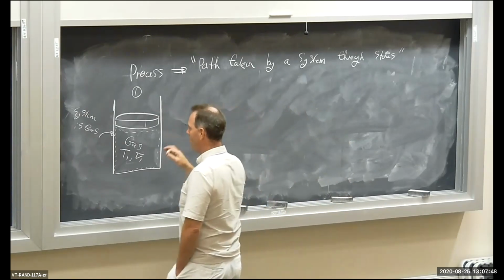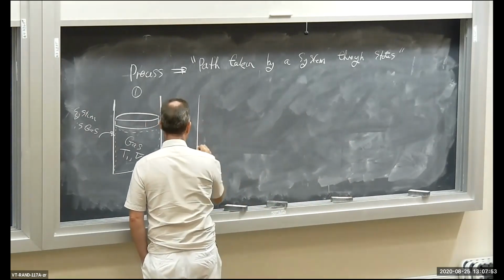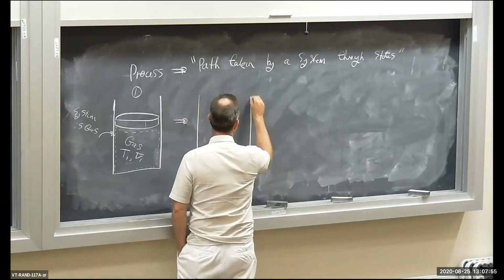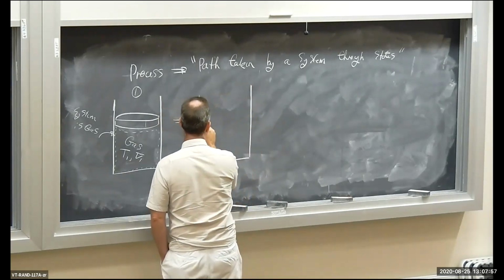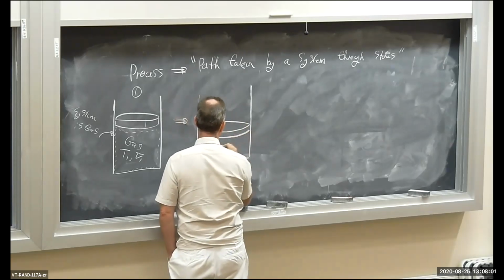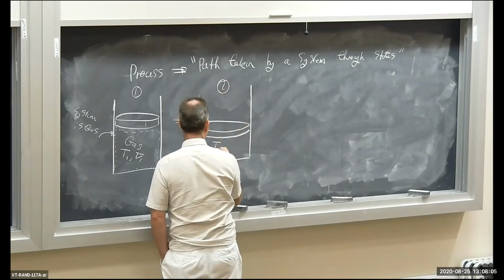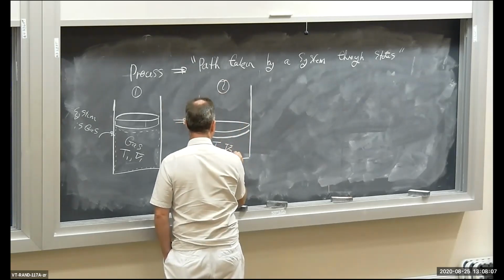And then I squeeze down the gas in the piston cylinder device. So the piston is now moving downward. So here's my gas again. And this is state number 2. So I have a T2 and I have a V2.